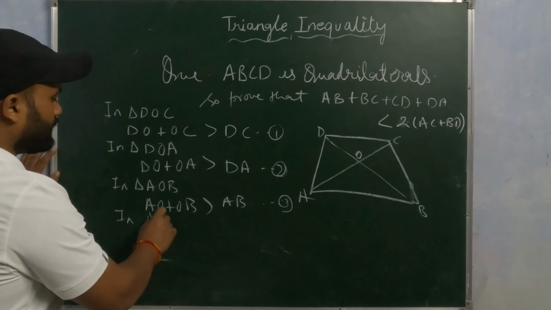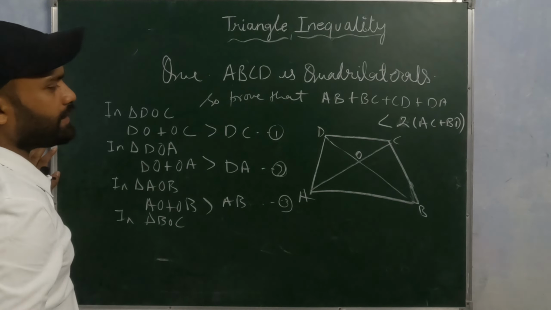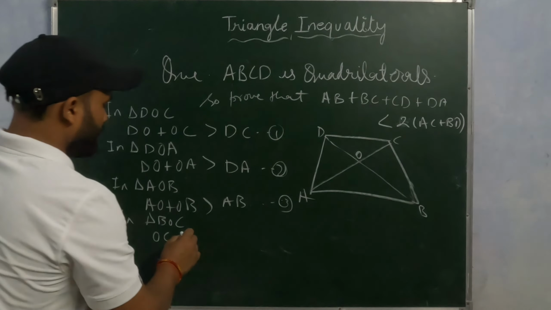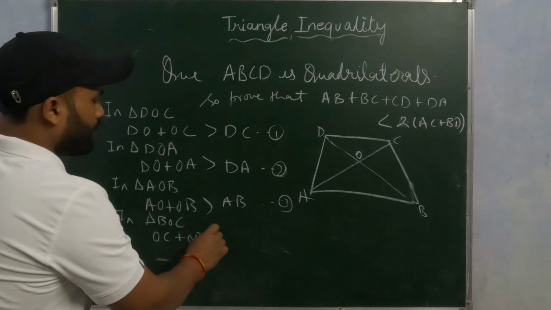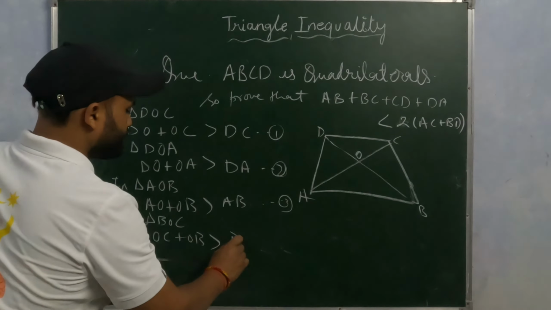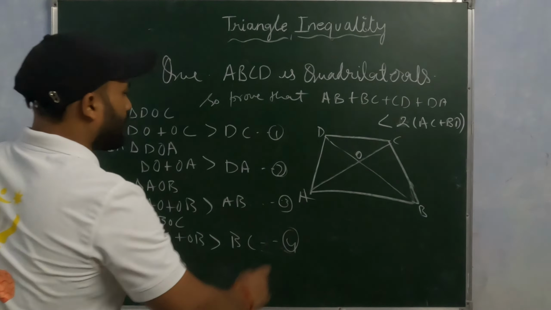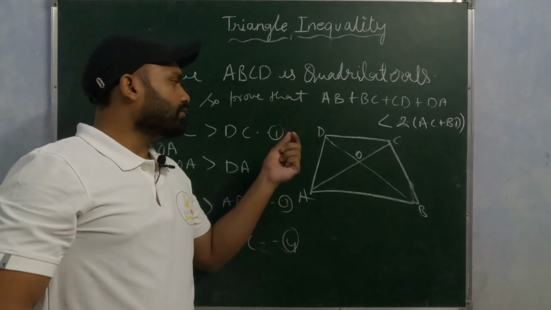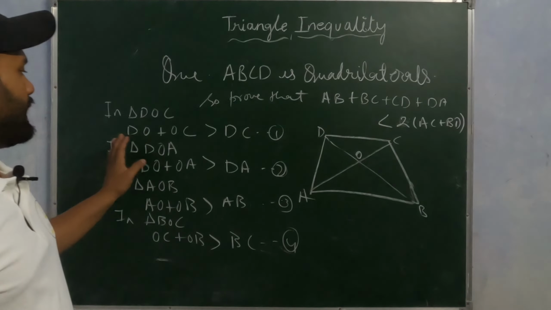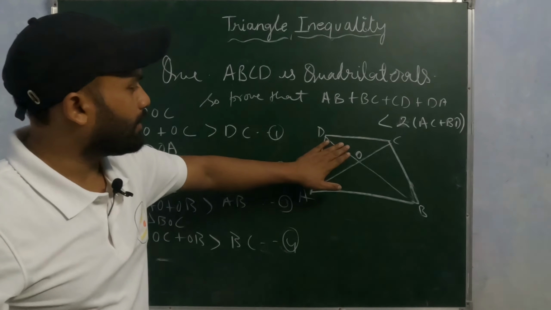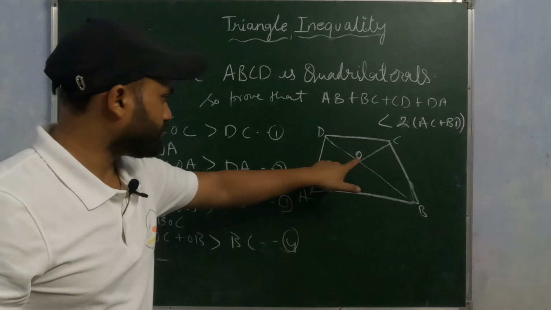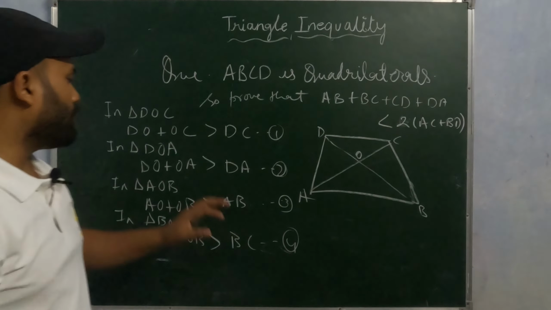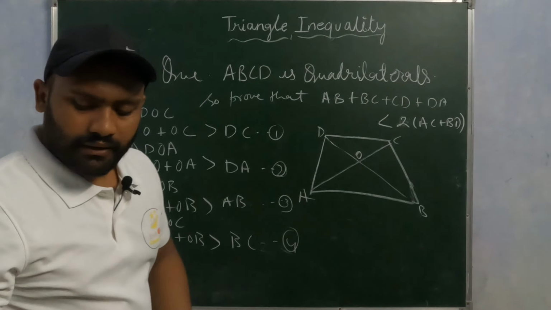In triangle BOC, OC plus OB will be greater than BC. And you will mention here that by the rule of the sum of inequality, the sum of two sides DO plus OC will be greater than the third side, which is DC. Okay, so you will add this, and let's wipe it because we have less space.